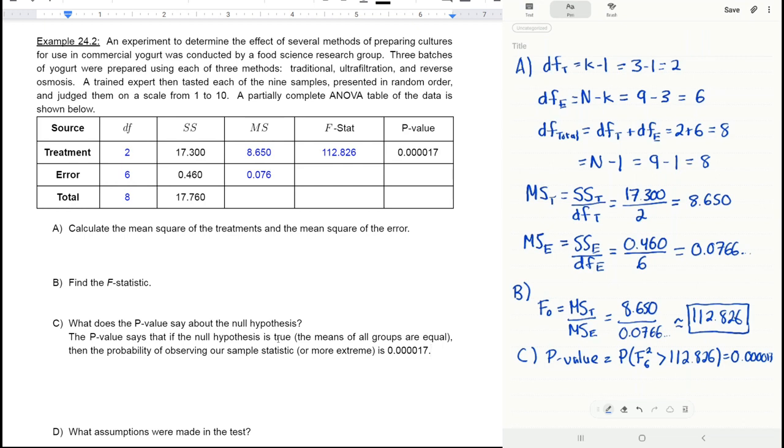Okay, so we get a very low probability of observing our test statistic.